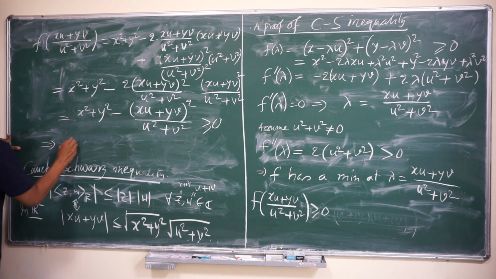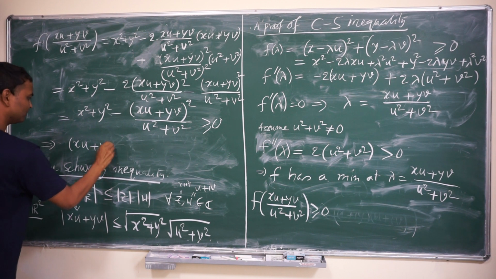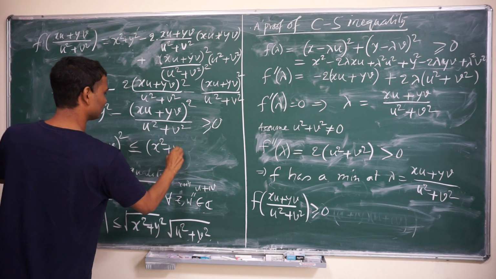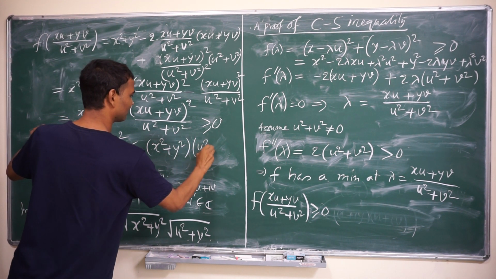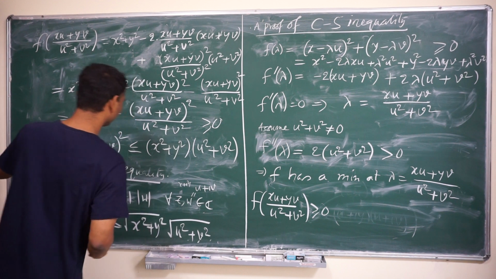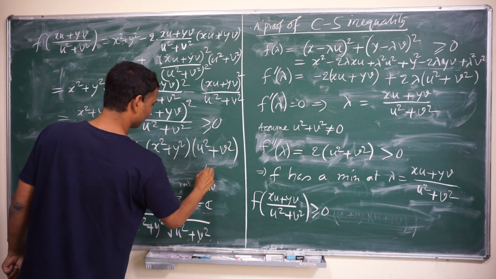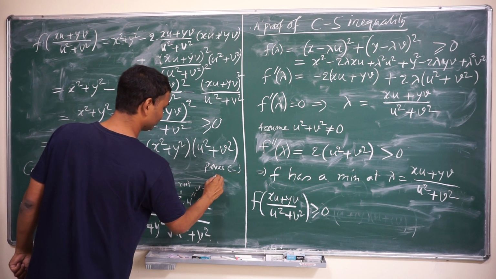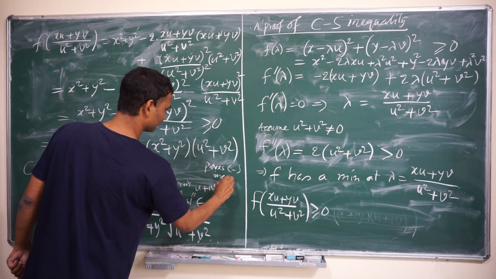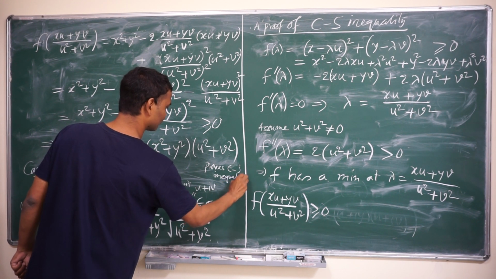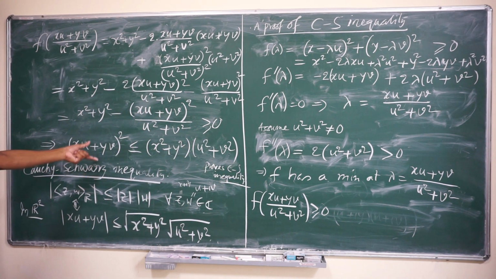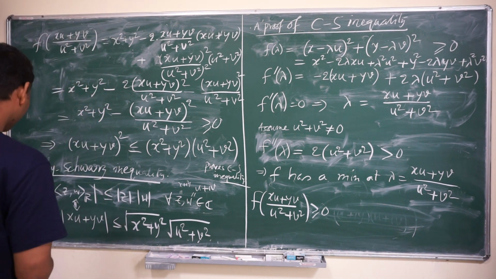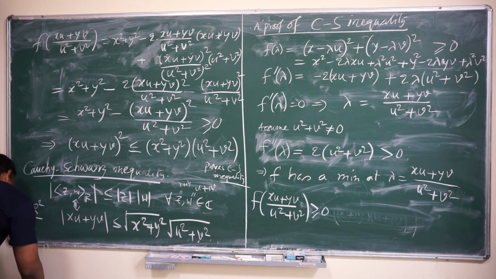This implies xu plus yv whole square is less or equal to x square plus y square times u square plus v square. So this actually proves the Cauchy-Schwarz inequality. Almost, take the square root and we're done. So this gives a proof of the Cauchy-Schwarz inequality.